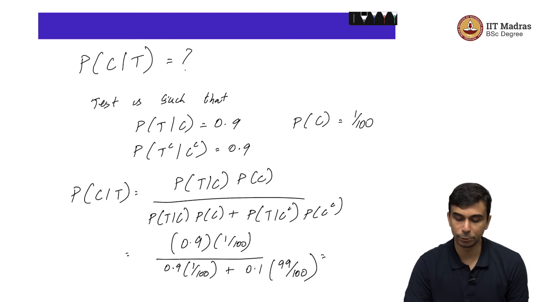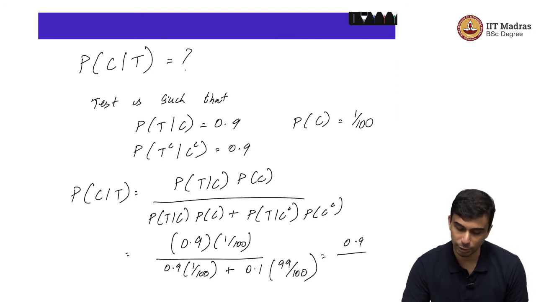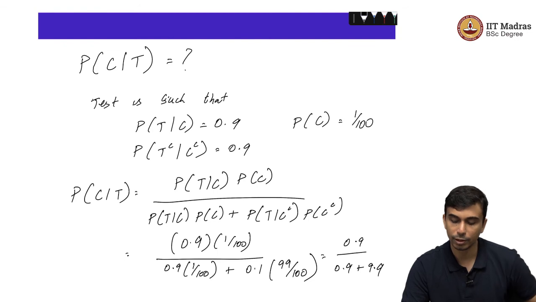We can do this computation by multiplying the numerator and denominator by 100, which gives 0.9 divided by 0.9 plus 9.9.